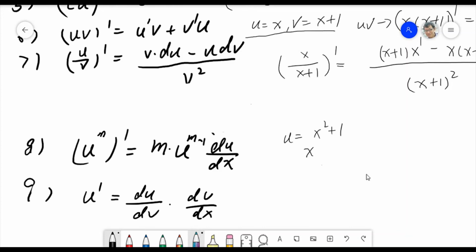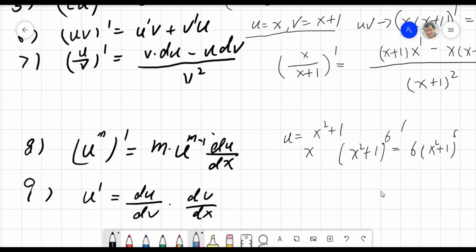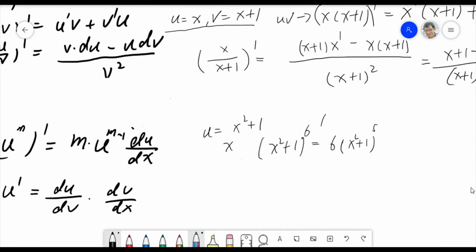So let's write it here. x squared plus 1 to the 6th power, then take the derivative, so it equals m, which is 6, times x squared plus 1, then 6 minus 1 is 5, and then I have to do du divided by dx, which means x squared plus 1 needs to be differentiated. This equals 2x. So this is the final derivative.